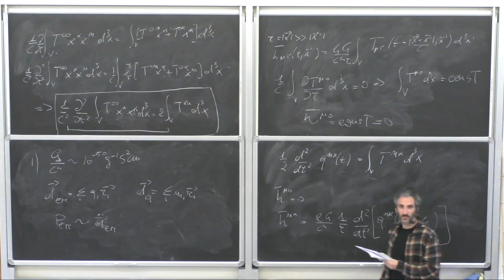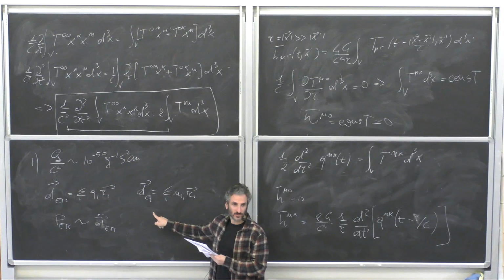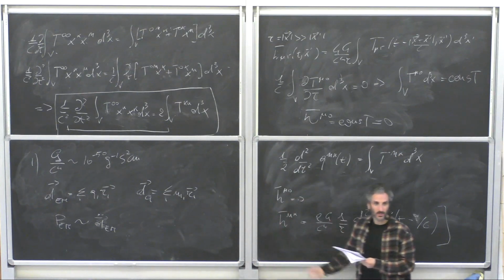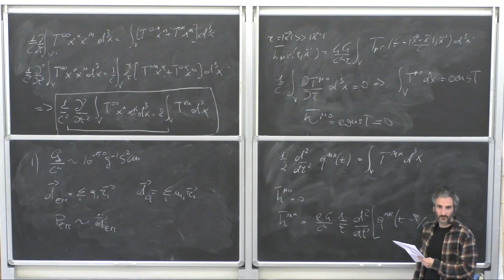So conservation of momentum for a collection of masses sets D dot equal to a constant, so it will not contribute to the emission, whatever its derivative.